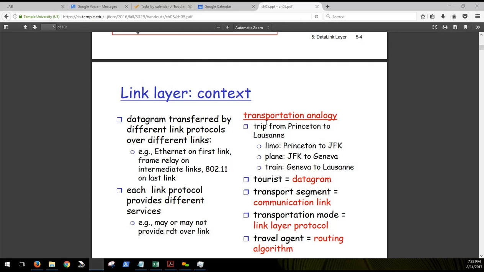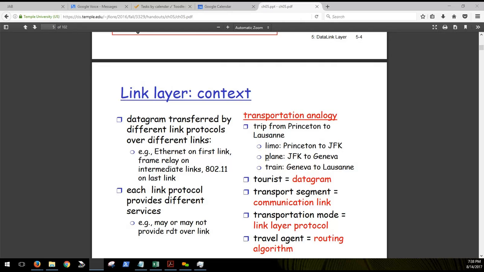You're going to be taking a trip from Princeton to Lausanne. For the local part of the trip, you're going to use a limo from Princeton to JFK.